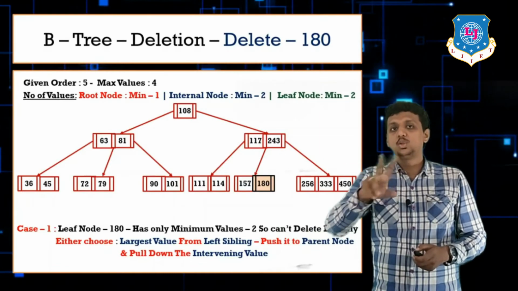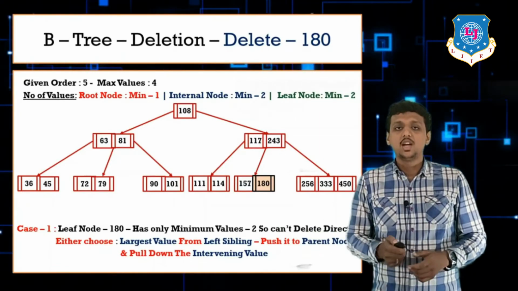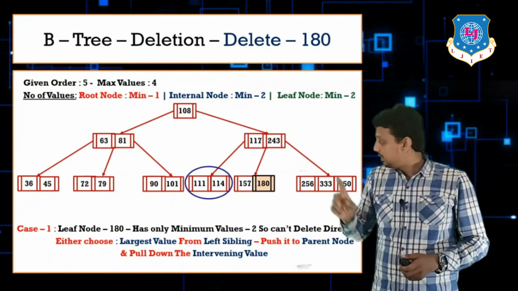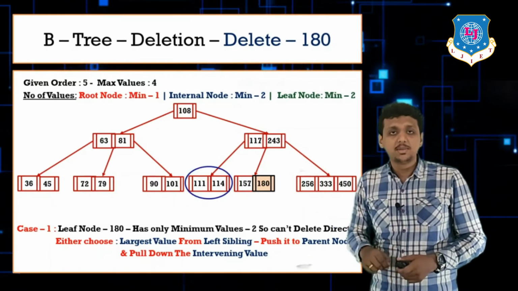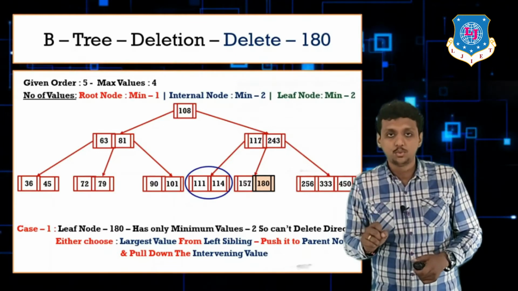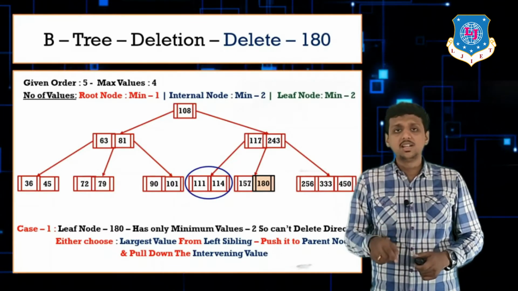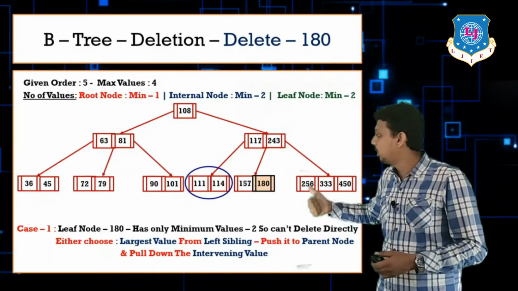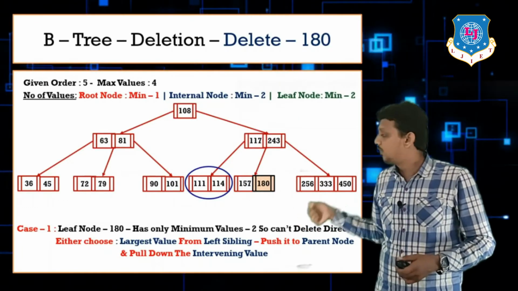I have 2 possibilities. So first I go with the left sibling, asking it for one more value. But 114 and 111 are already only 2 values there. See, 2 values are there.